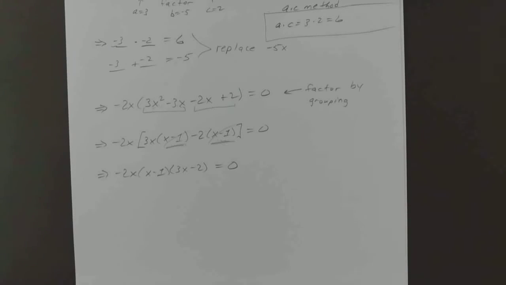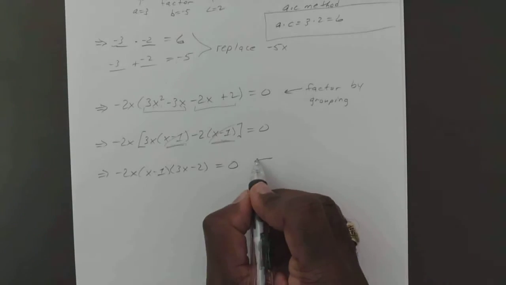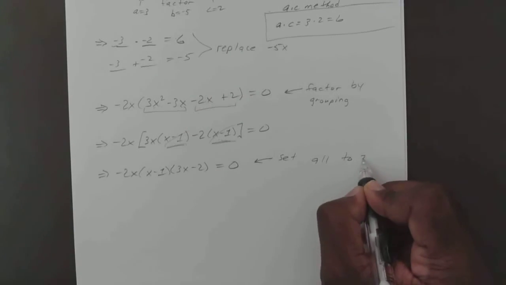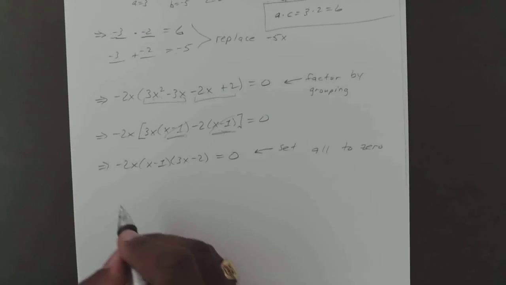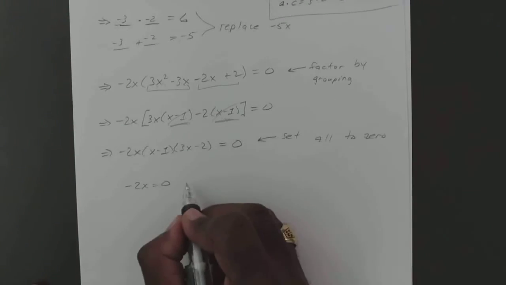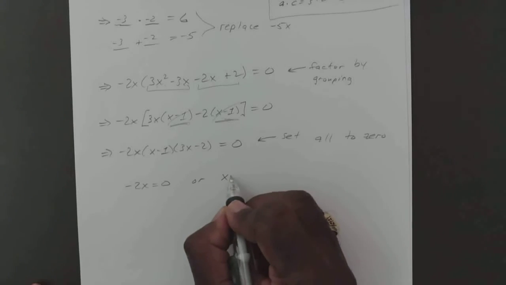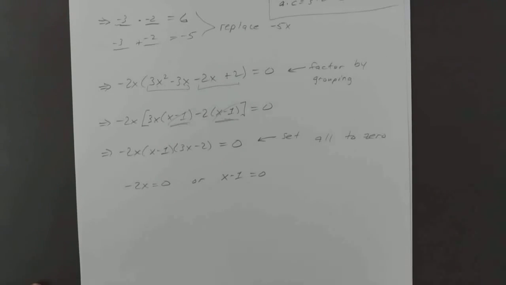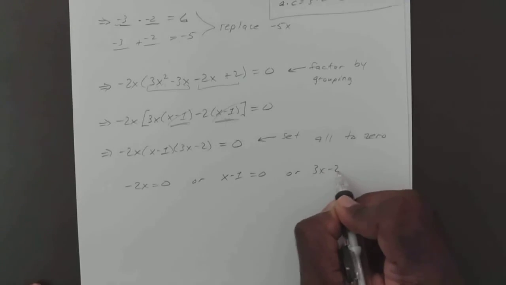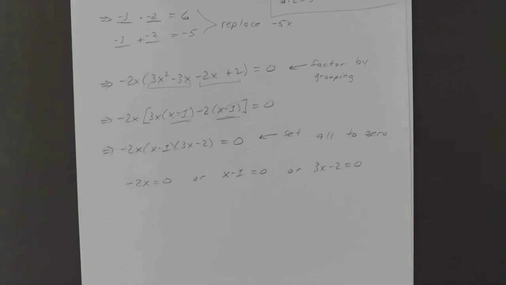Again, once you have them all factored out, just set them all to 0. Okay, so you have negative 2x can equal 0, or x minus 1 can equal 0, or 3x minus 2 can equal 0.